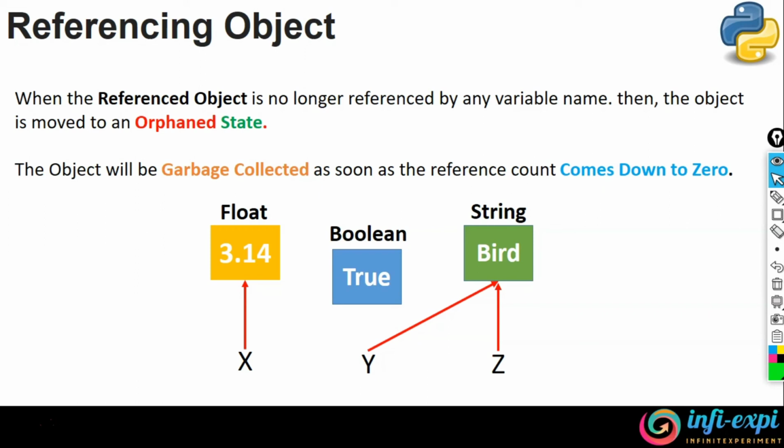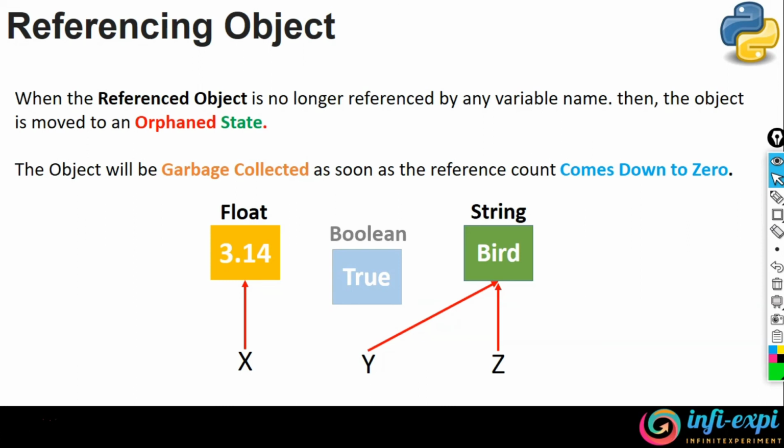So if you look at this flow, the Boolean object is now completely garbage collected because there is no one to refer to it. It is orphaned. There is no dependency for that particular object. No one is referencing it. So the Boolean object is eligible for garbage collection when the reference count comes to 0.